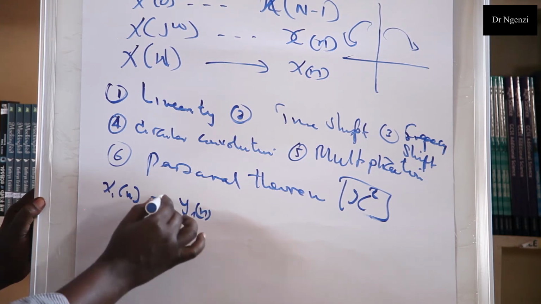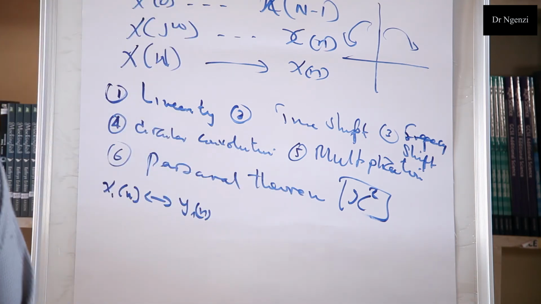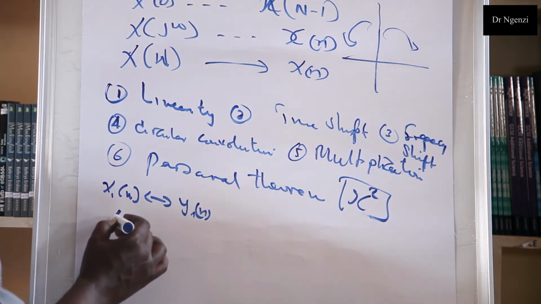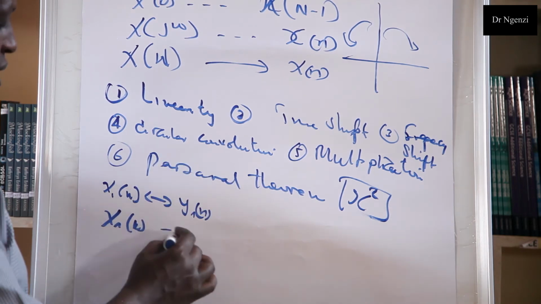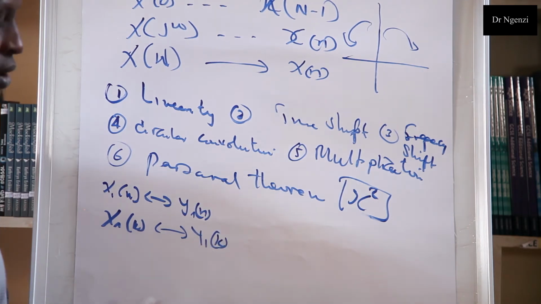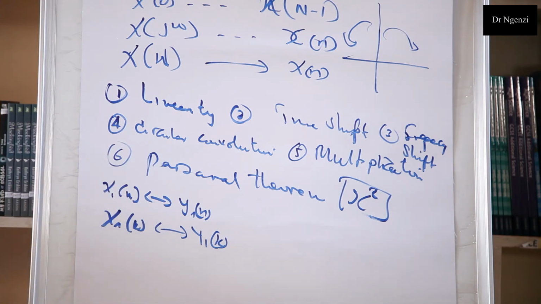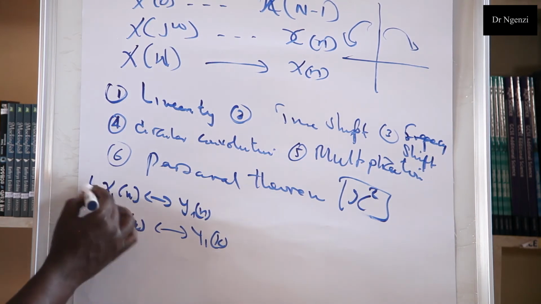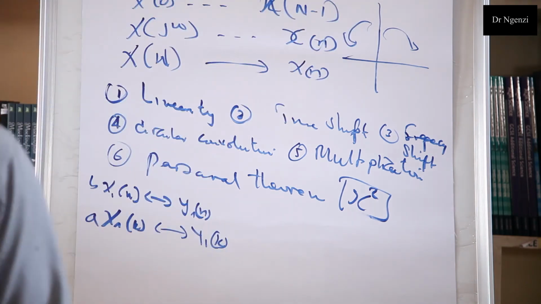And if you are computing, for example, big X of k, in this case, if it is a frequency, it should be Y of k in the same way. That is what we call linearity. And if there is any coefficient that has been multiplied, for example, put an A here or a B somewhere, then it is going to be done also on the right-hand side. What is done on the left-hand side is going to be the same thing on the right-hand side. So that is linearity.